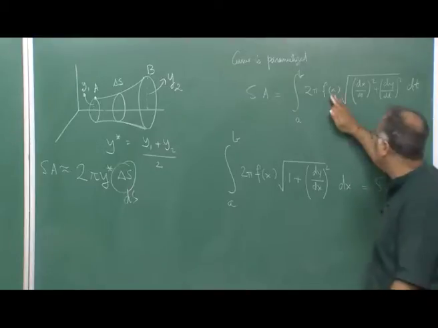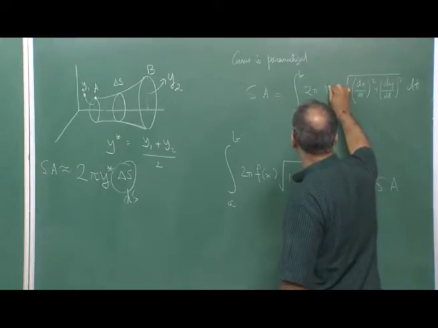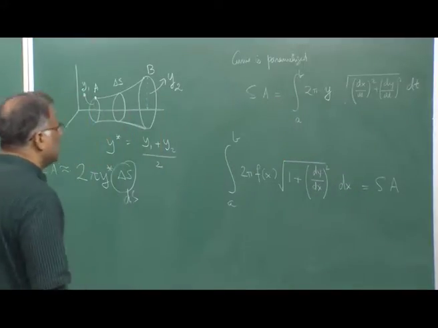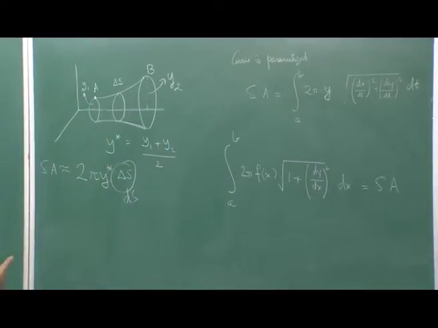But what is f x? You do not write f x, f x is y. So, y is some g of t basically. This is how you write the case when the curve is parametrized.